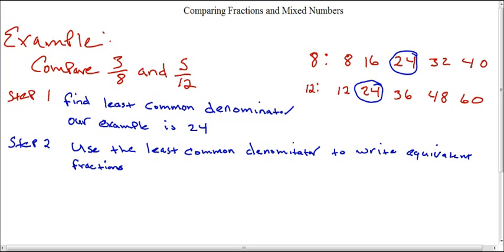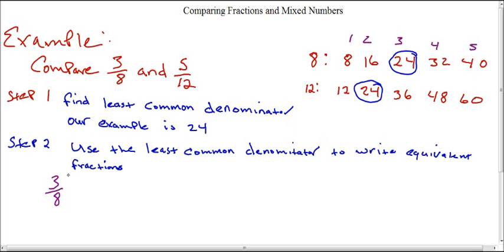Well, let's do that. We have 3/8, and to get 24 we need to see where we went. This is 8 times 1, times 2, times 3, so this is 8 times 3.